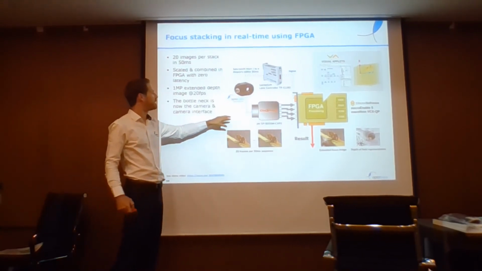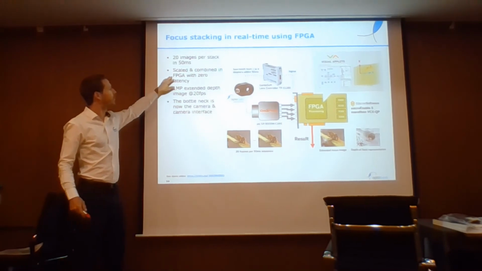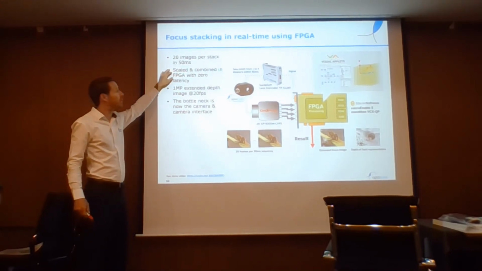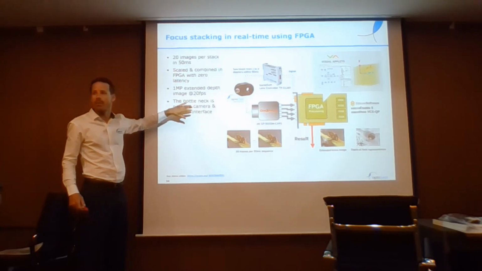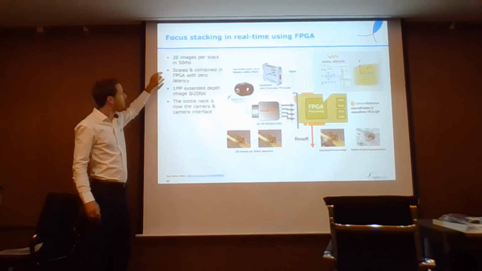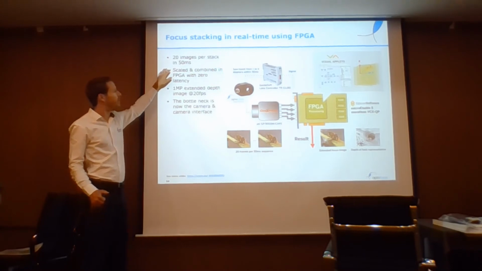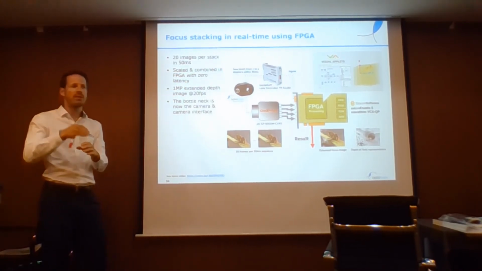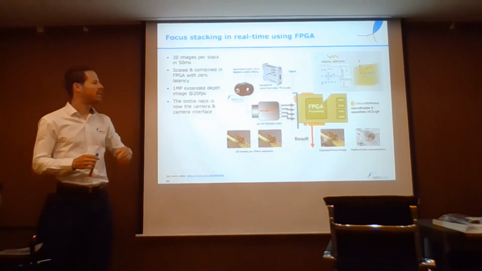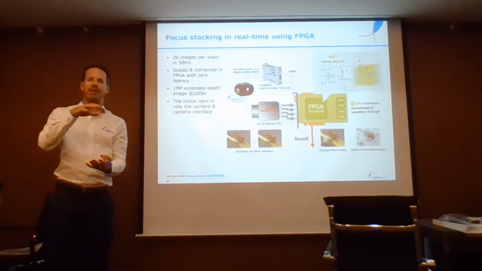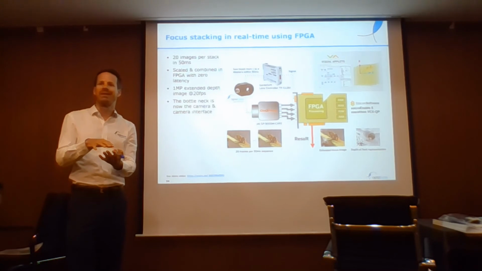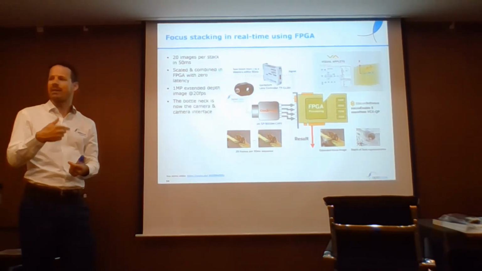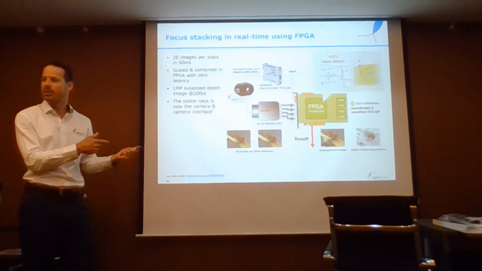And the high-speed camera captures 20 pictures for each stack, so it's running at about 400 frames per second. Within one stack of 50 milliseconds, you get those 20 pictures. And the FPGA is able to do this extended depth calculation at the same speed as we're acquiring the pictures.